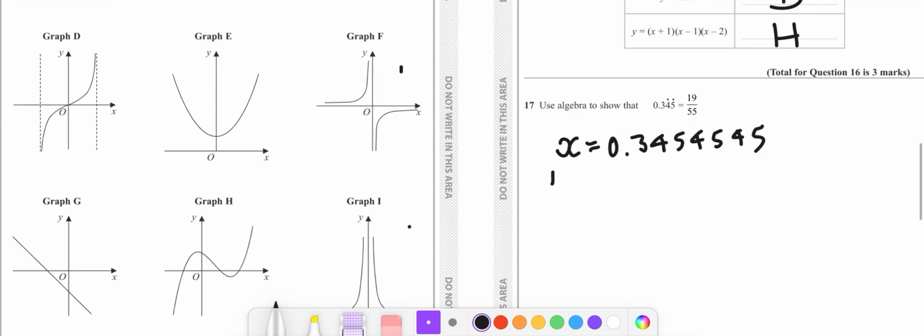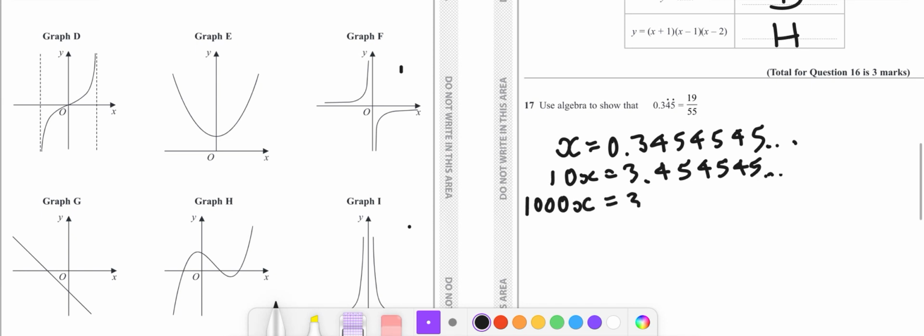Now, the way I would do this is you get 10x is 3.454545, etc. Then I want to match up the decimal again, so I'm going to have to multiply this by 100. So I'm going to get 1000x is 345.454545, and the reason that's useful is because then when I subtract them the decimals disappear.